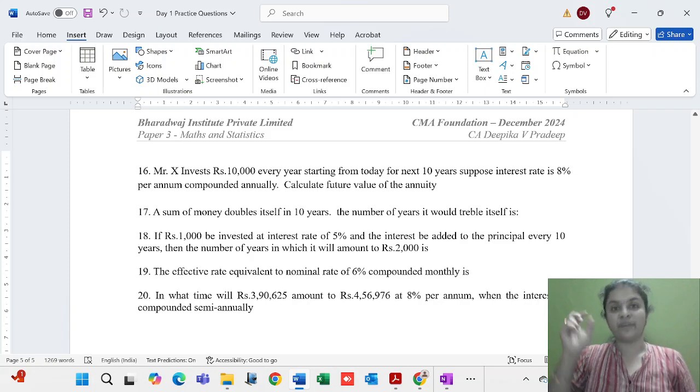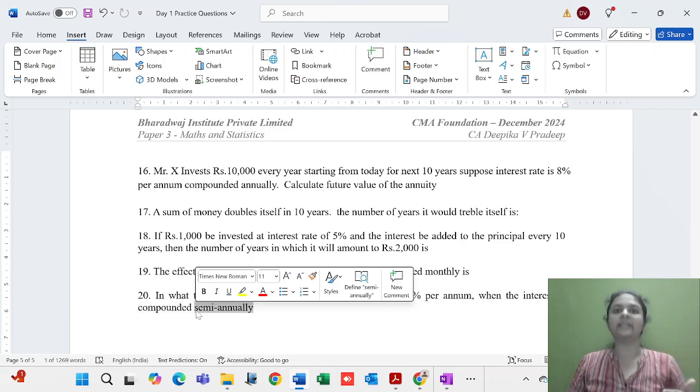So you should find out the power and then divide the value by 2. For example, if the power is 8, n is not 8 years, n is actually 4 years because it is semi-annual compounding.